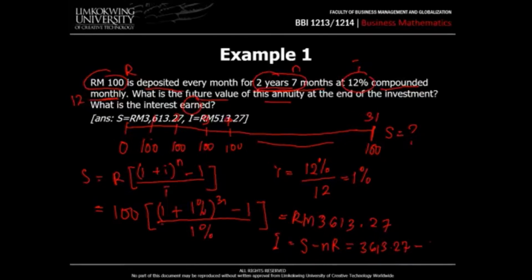What is N just now? 31. R is 100. If you press the calculator, the answer will be 1513.27. Okay, any questions so far?